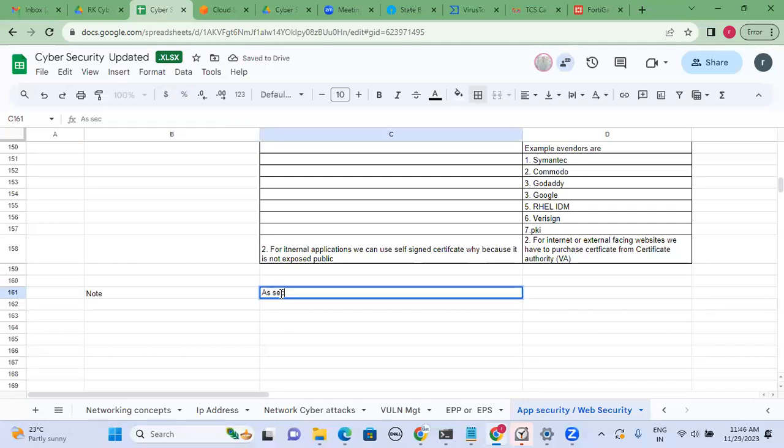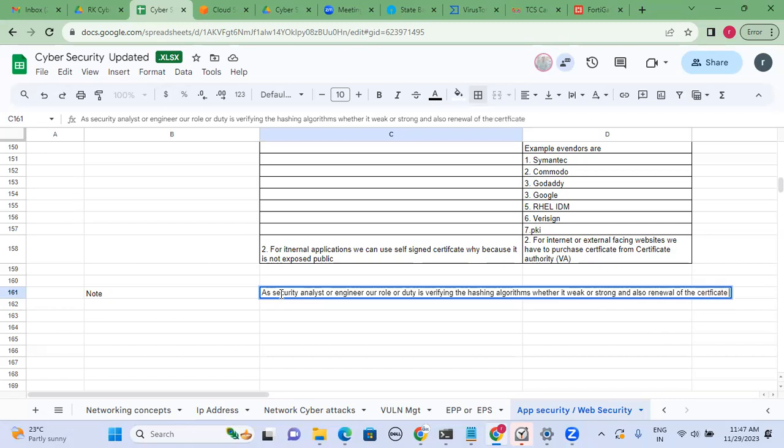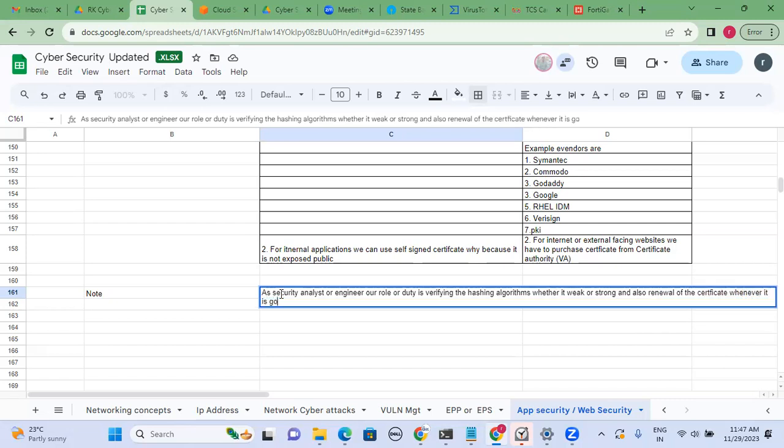As a security analyst or engineer, our role or duty is verifying the hashing algorithms, whether they are weak or strong, and also renewal of the certificate, whenever it is going to expire.